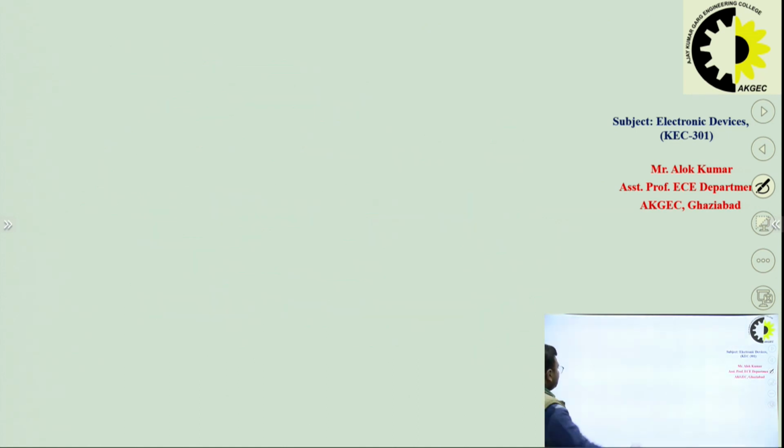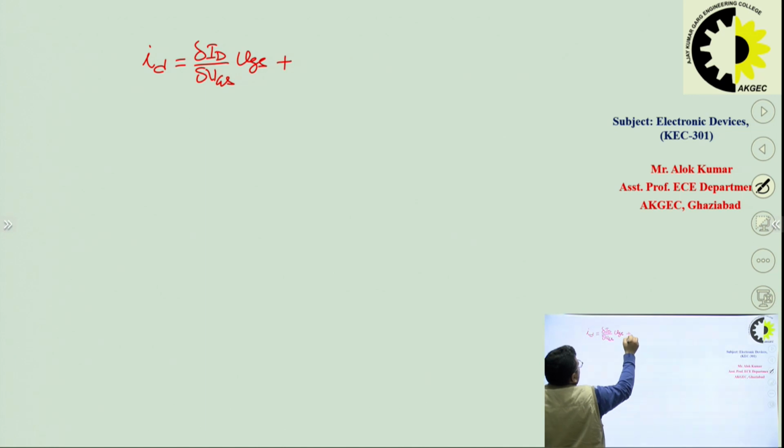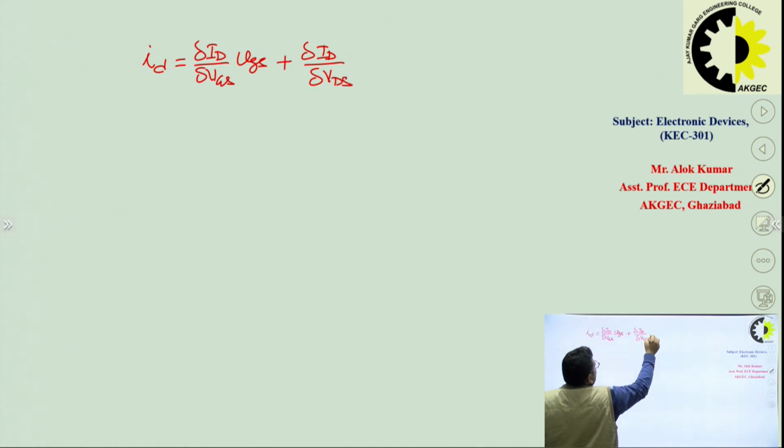this equation will be ID is equal to delta ID upon delta VGS into VGS plus delta ID upon delta VDS with VDS.